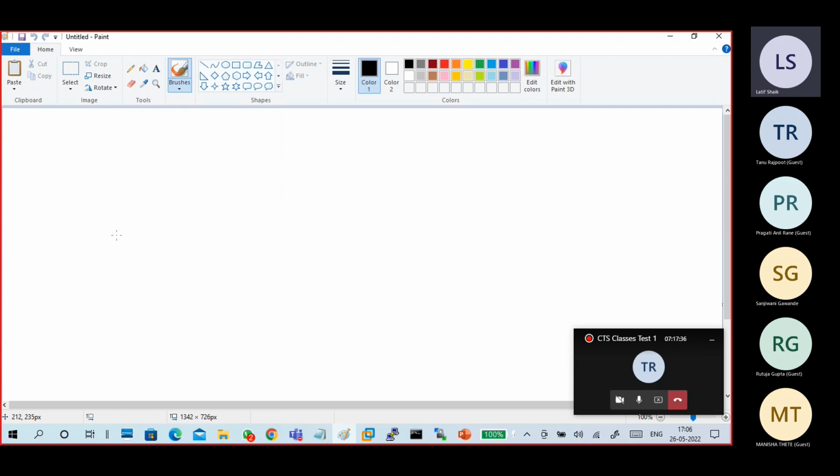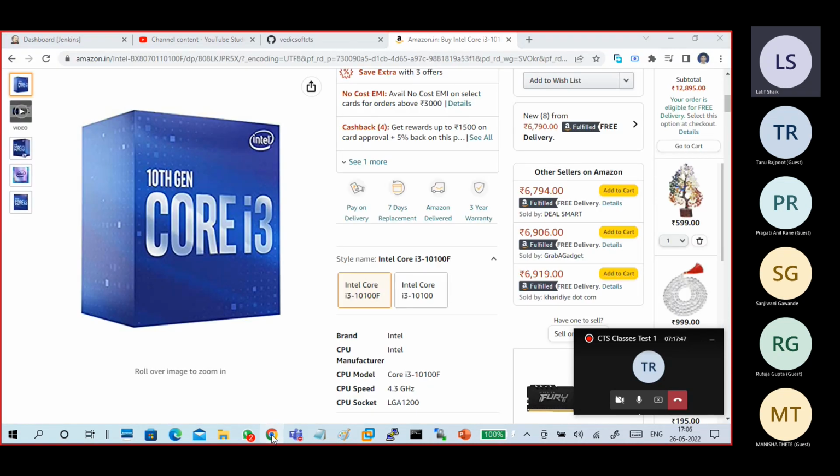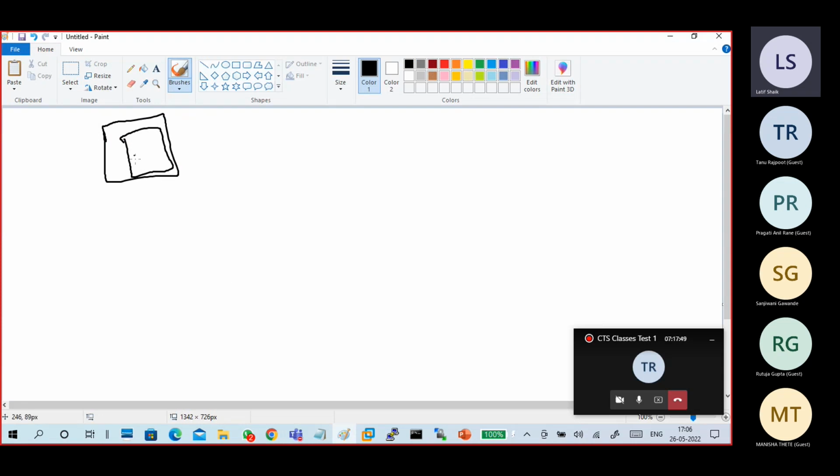Look here. You order something from Zomato. You get a mobile app, or you can order from the web application, right? So they are providing an interface. You order something, you select your order.